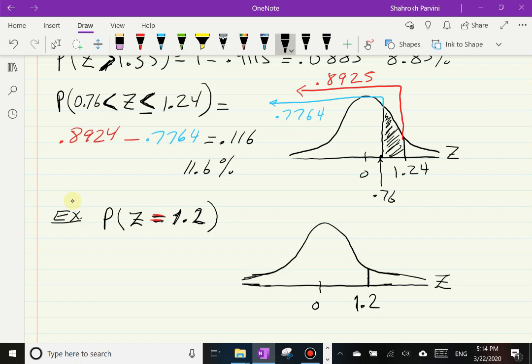That has to do with the Euclidean definition of what is a point, what is a line, and so on. So a line, turns out, has no width. It only has length. Therefore, because there is no width, it has no area. So in other words, the area of a line is 0, which means probability of z equal to 1.2 is going to be equal to 0. And there you have it.